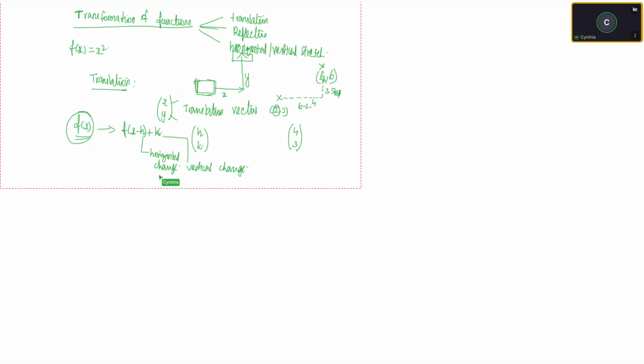Does the function for the horizontal or vertical change, does it change according to whether it's a vertical translation? According to this. Okay, so let me give you an example. f of x equal to x square. So now what will happen?